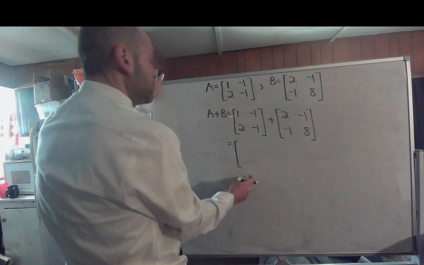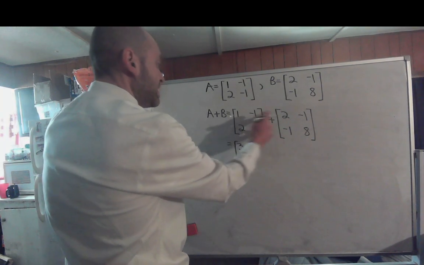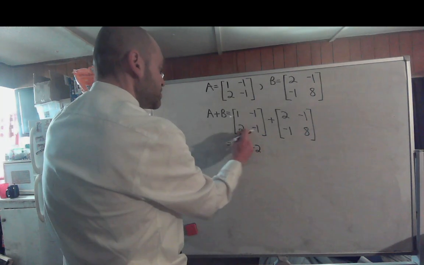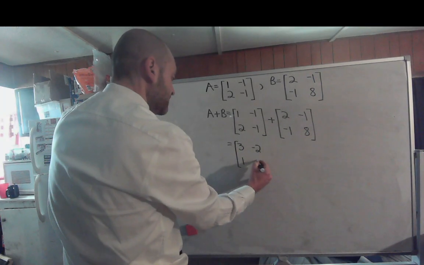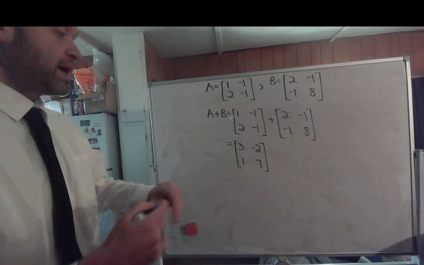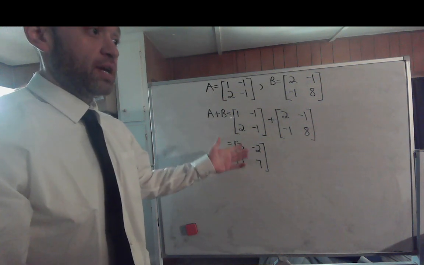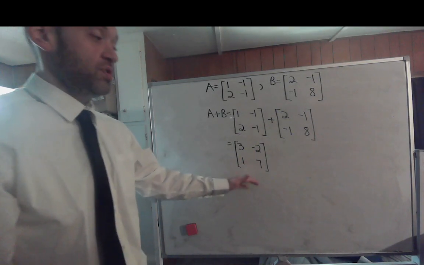So I'll end up adding 1 plus that 2, I'll get 3. I'll add -1 plus -1, I'll get -2. 2 plus -1 gives me 1. -1 plus 8 gives me 7. So there's my answer for A plus B. They're the same dimensions, and you should also get a matrix of the same dimension back whenever you add matrices.